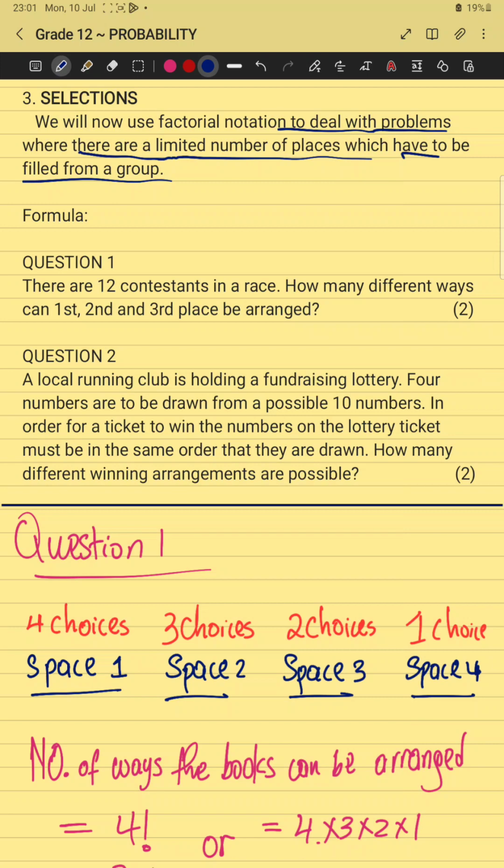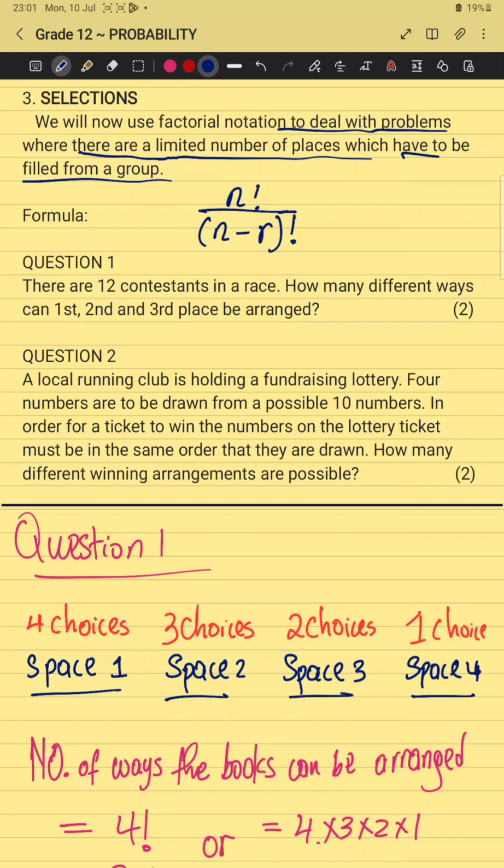The formula that we're going to use is n factorial divided by (n minus r) factorial. Here r stands for the selection, and n is the number of people or spaces available.